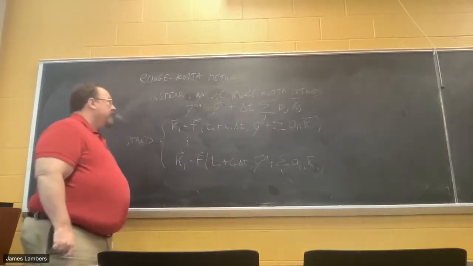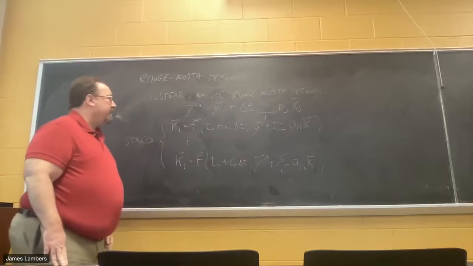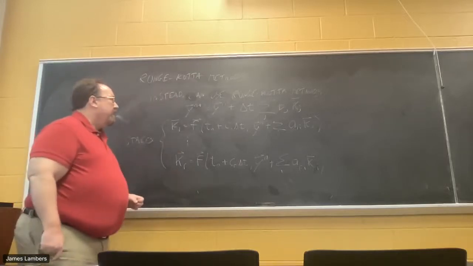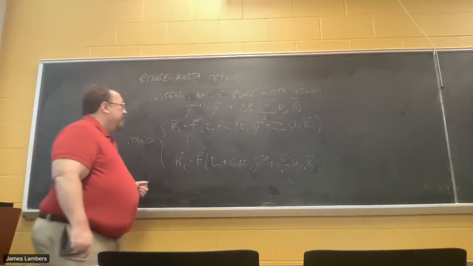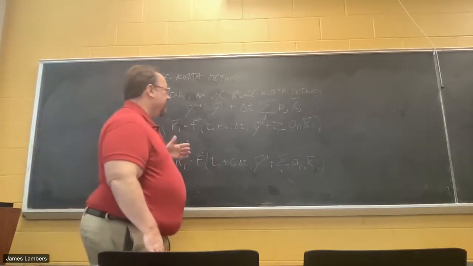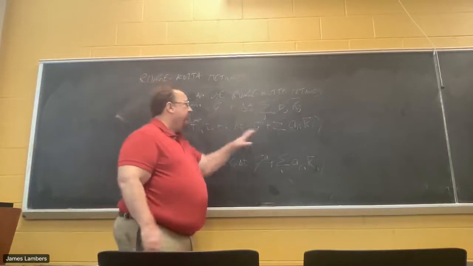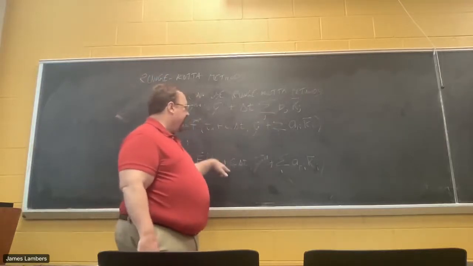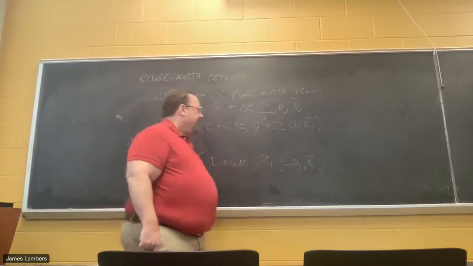Now, it's rather cumbersome to describe a Runge-Kutta method by writing out all of this. But we don't really have to. A Runge-Kutta method you can think of as being determined by all the coefficients that you have: the b coefficients here, the c coefficients here, and the a's here.